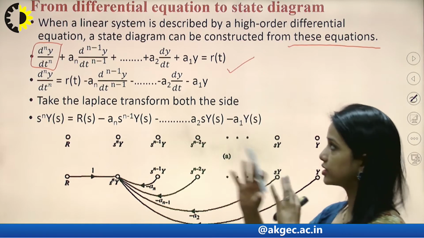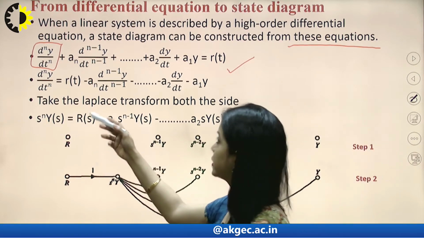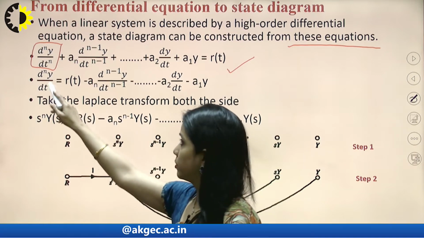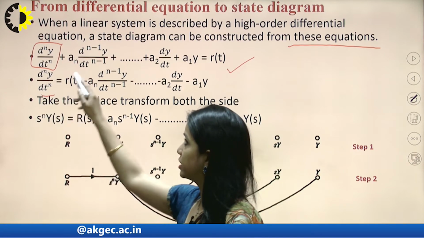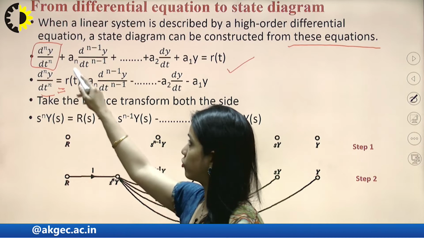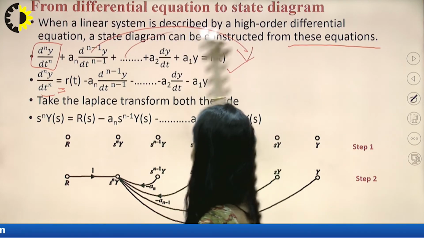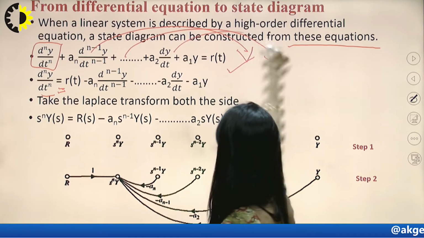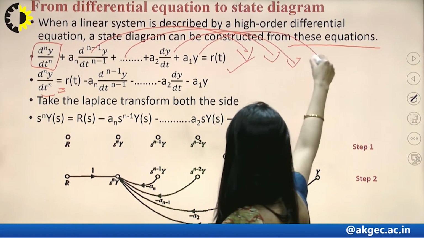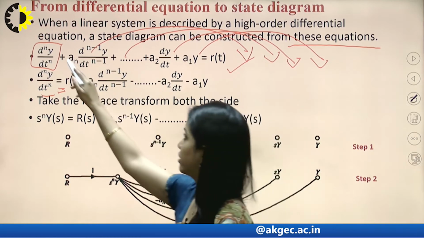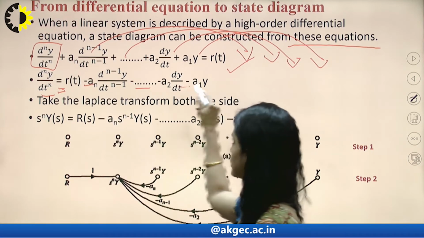Now here we have this differential equation. We rearrange it and get d^n y by dt^n equal to, transferring all the elements to the RHS, so that the plus sign becomes minus everywhere.